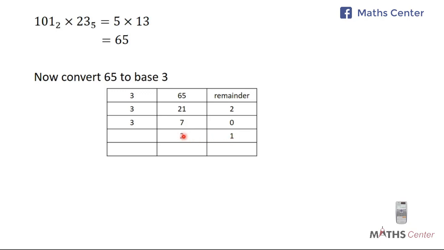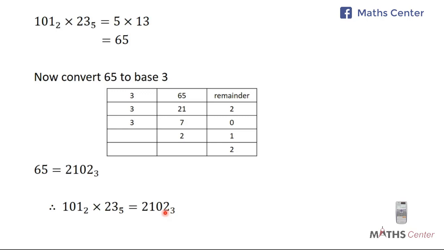Now since the number here is less than the base, we write it as our last digit. So that will give us 2102. So 65, if we convert it to base 3, is 2102 base 3. So 101 base 2 times 23 base 5 gives us 2102 base 3.